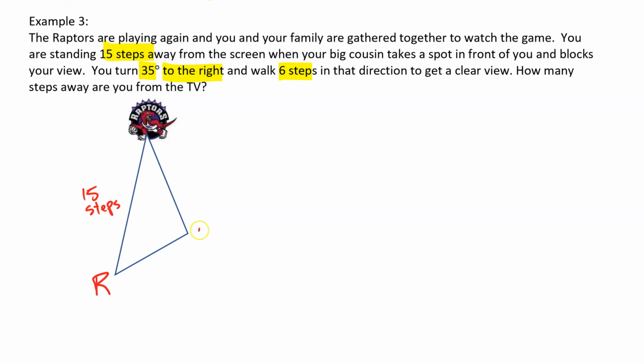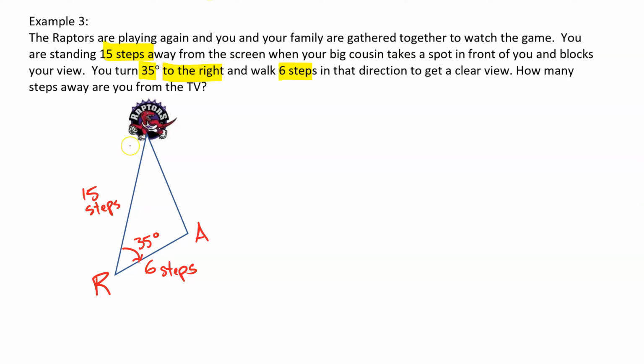Okay, so we're going to use an A here, and you're going to end up walking 6 steps here, and we know that you turned 35 degrees. I mean, to the right, doesn't matter though. 35 degrees is the angle there. Okay, the question is, how far away are you from the TV?